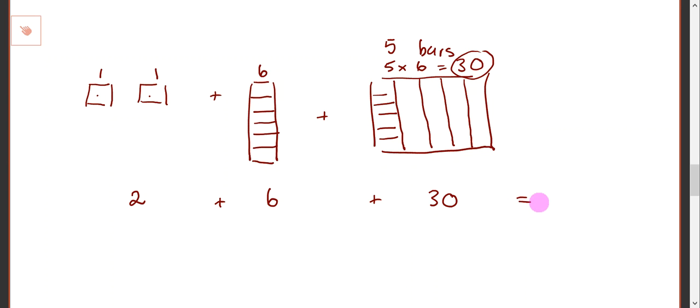So if we add all that together, we get 38. So adding all this gives me 38 what? Units. Small squares, yeah? Unit squares, whatever. They're not cubes, because they're not 3-dimensional.